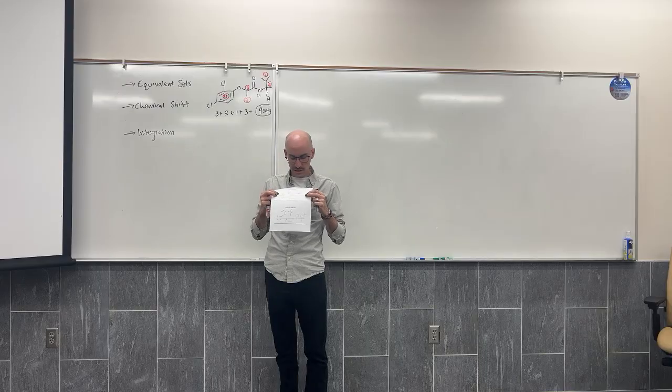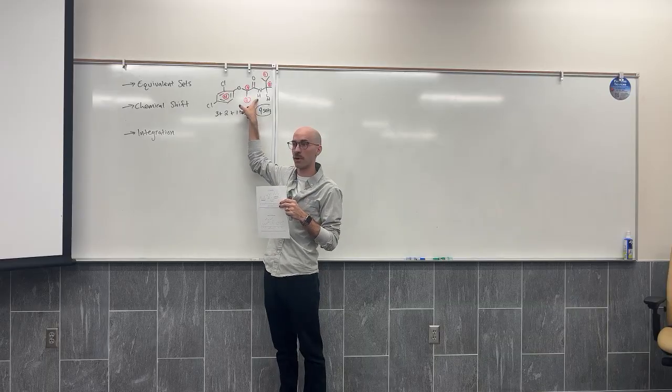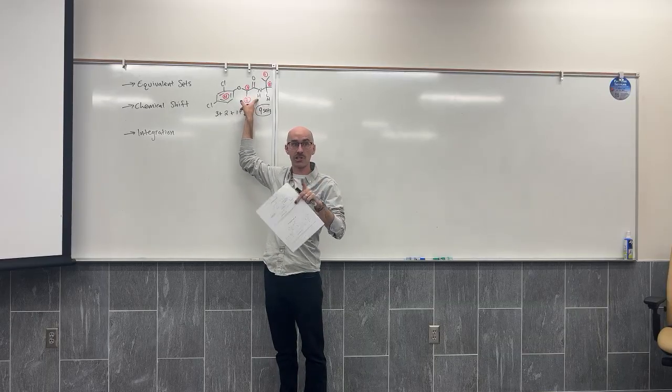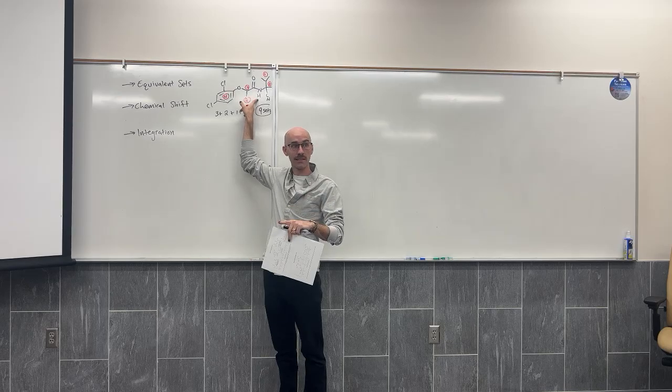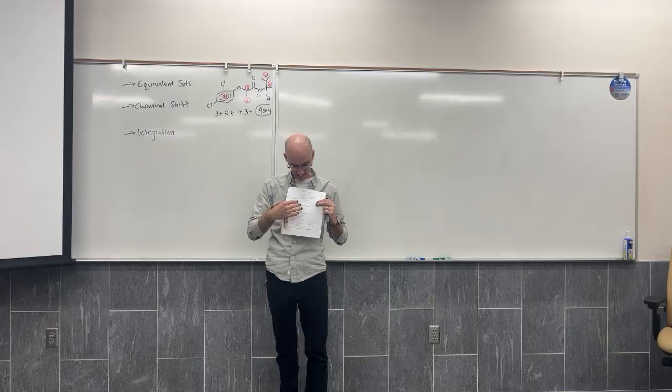Now, I actually didn't put on your correlation table the hydrogen from amides, because I have never seen on a correlation table the hydrogen from amides. So I'm sitting here with my foot in my mouth because I don't exactly know where this is going to show up. I told you guys that OH and NH, like alcohols and amides, actually show up further to the right than you'd expect.